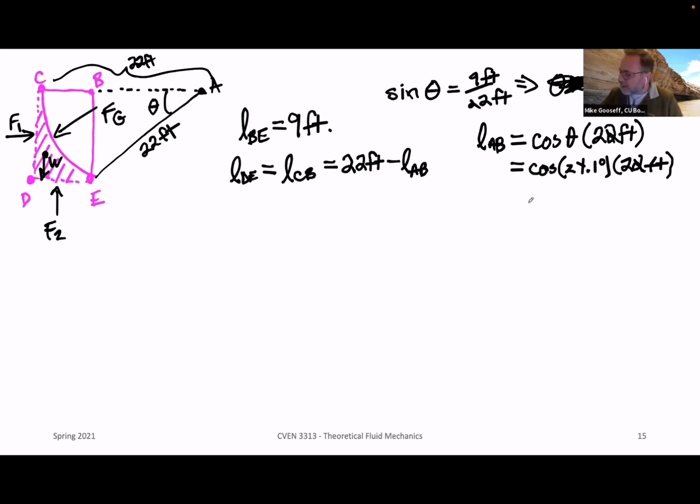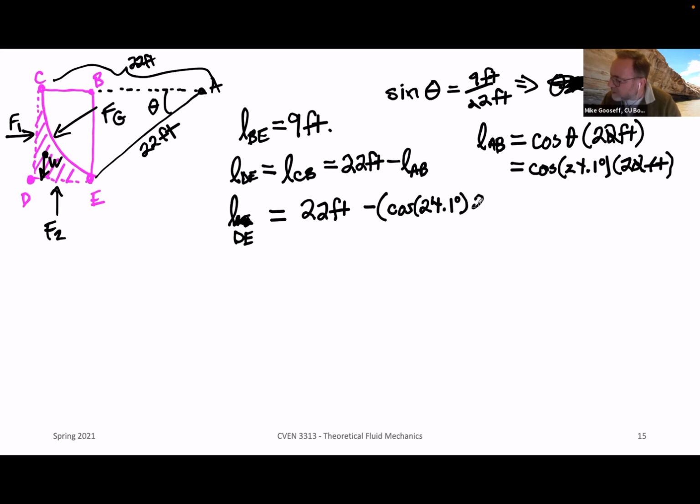I ended up combining this. Sorry, I didn't write the intermediate step, but LDE is equal to 22 feet minus this 22 feet times the cosine of 24.1 degrees, or 22 feet times the cosine of 24.1 degrees.